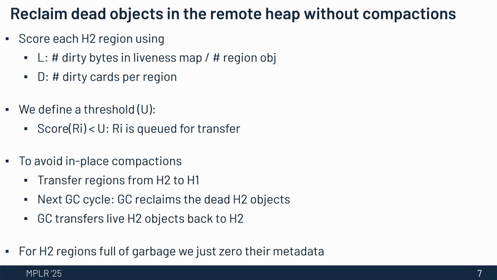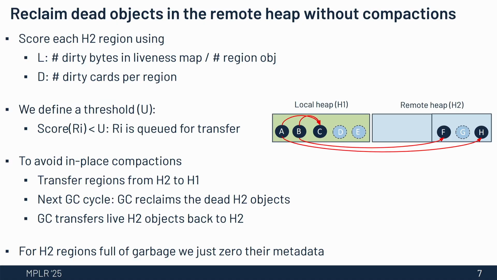Say we move the objects from this region back to H1 and update the references. In the next garbage collection cycle, the garbage collector is going to reclaim the dead object, and it's going to move the C object back to H2. For regions that are fully garbage, we just zero their metadata, and there is more information in the paper.